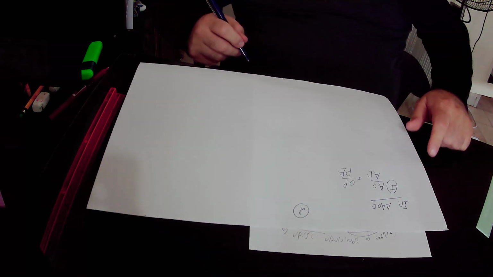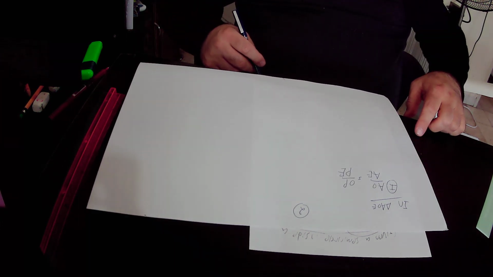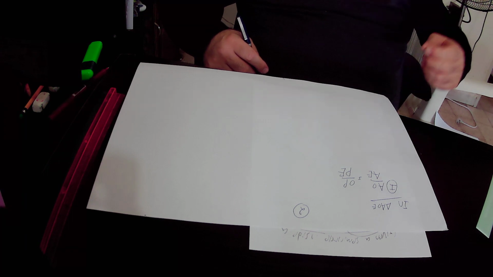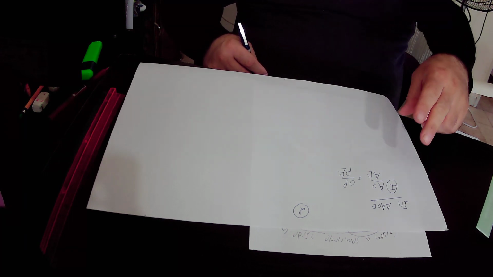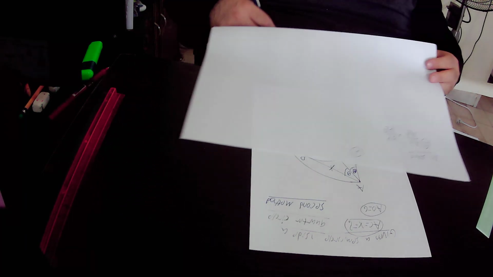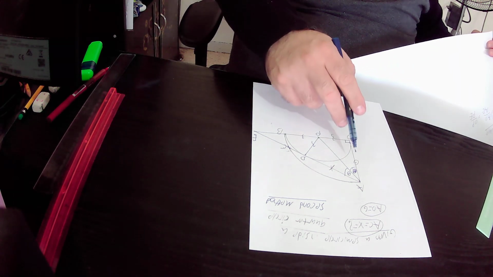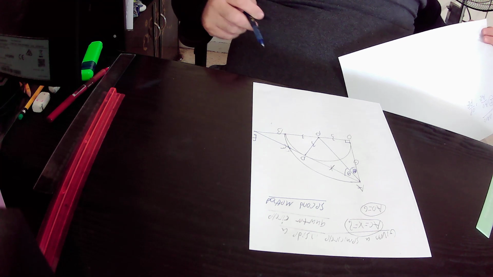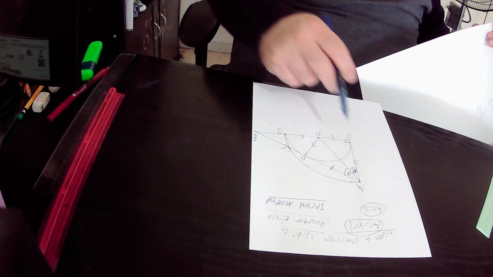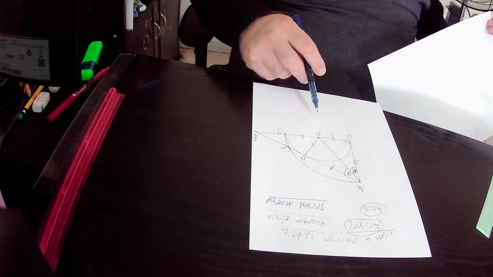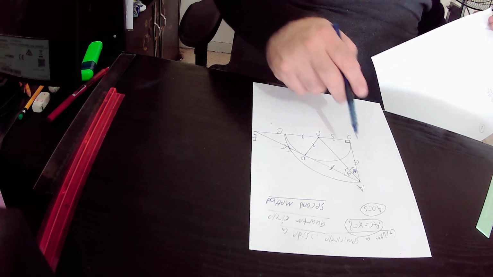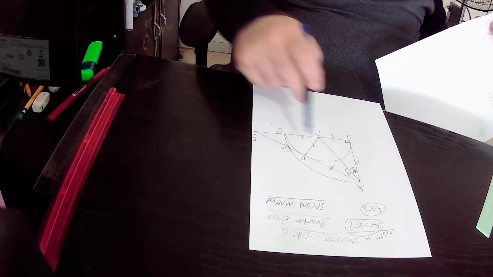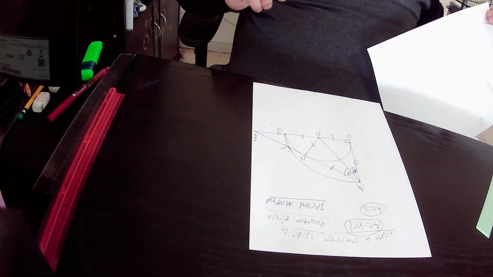I repeat again. We implemented the angle bisector theorem in the right triangle AOE. Why? Because AP is the angle bisector of angle OAE. Therefore, according to the angle bisector theorem, AO over AE equals OP over PE.